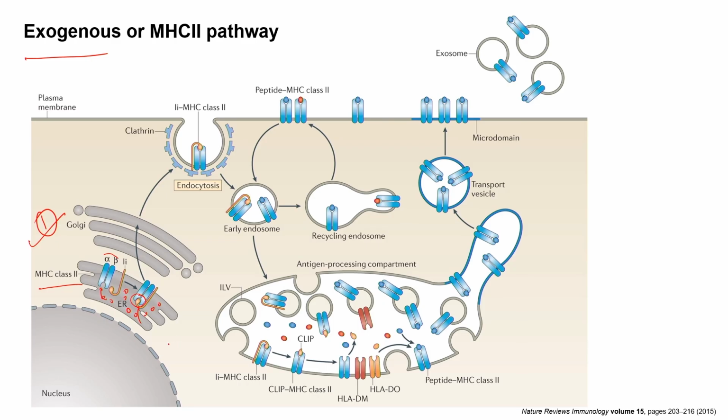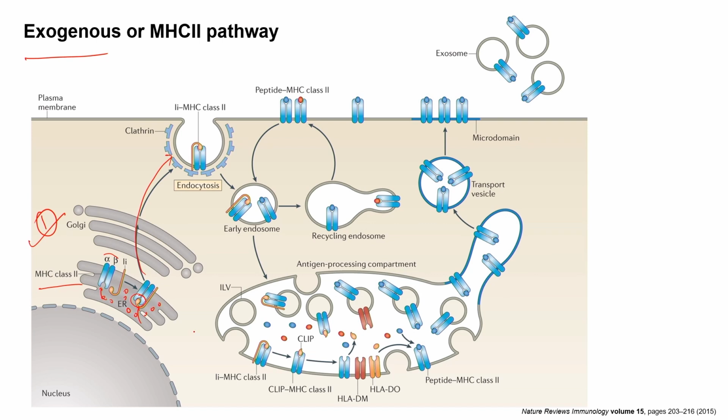To avoid the self presentation of an antigen, the Li chain blocks this loading area of the MHC2 molecule, and it can be recycled through the Golgi apparatus to the outside environment.